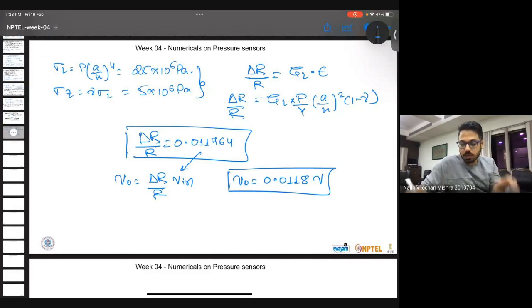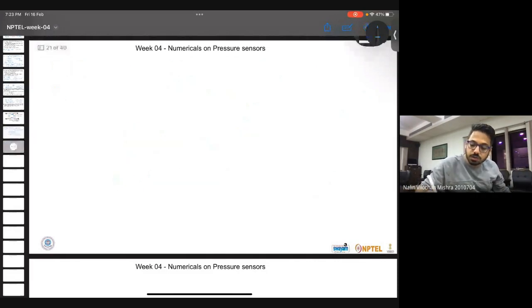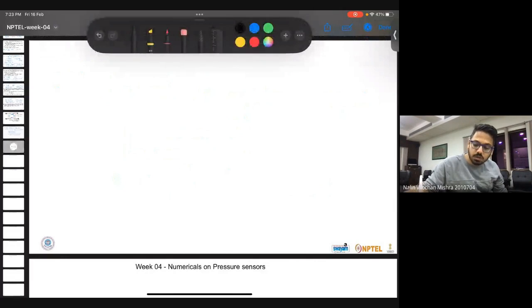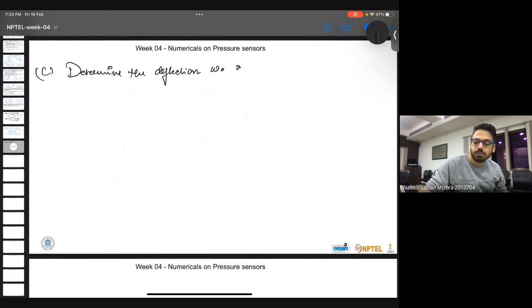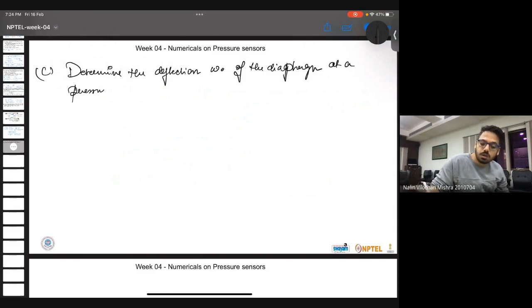Okay, the third part of this question is, you need to determine the deflection W naught of the diaphragm at a pressure of 2 bar.